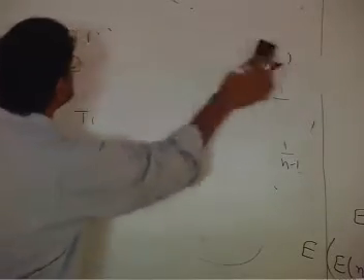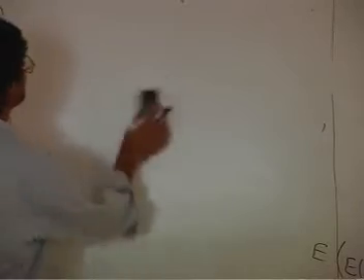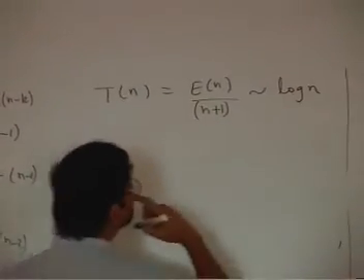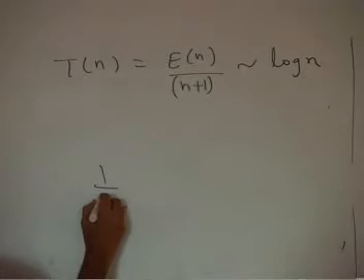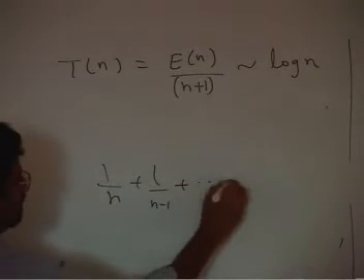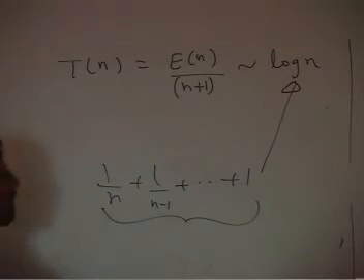Okay, the point is this will be log n. That is because we have 1 by n plus 1 by n minus 1 plus 1 of this type. This will be of order log n.